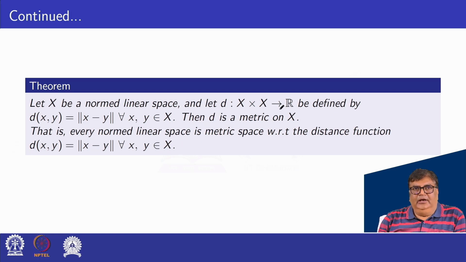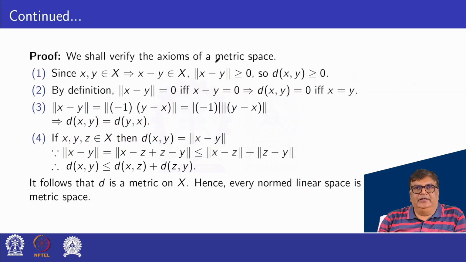Another way: if X is a normed linear space and the distance function d from X cross X to R is defined by d(x,y) equal to norm x minus y for all x, y belonging to X, then d is a metric on X. Let us prove it. We shall verify the axioms of metric space.